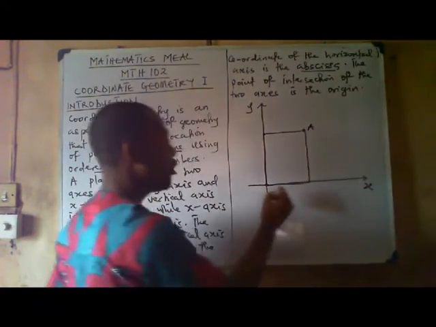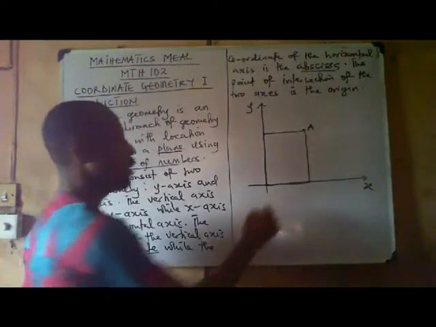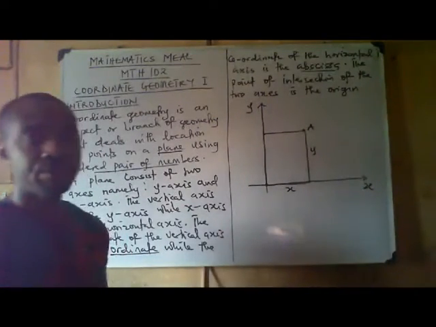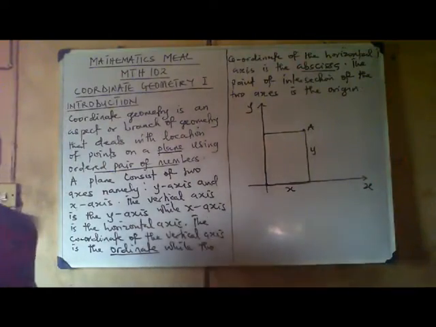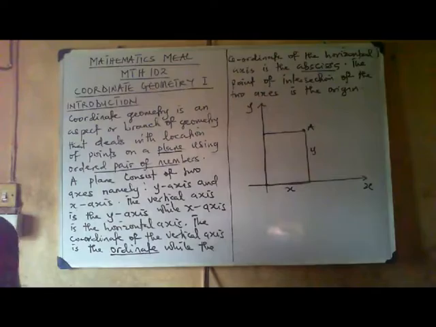So you see, there will be a horizontal movement and a vertical movement. That means there will be a value of x and a value of y. So the value must be a pair for us to locate a point. This ordered pair is what we call coordinates.